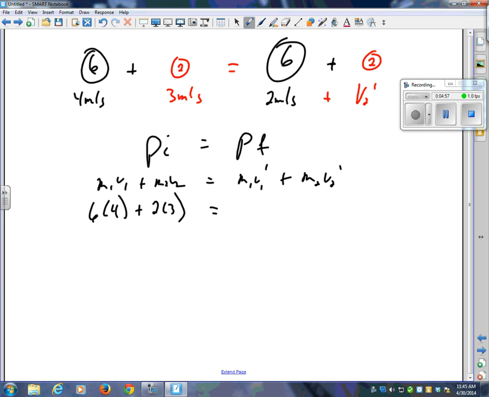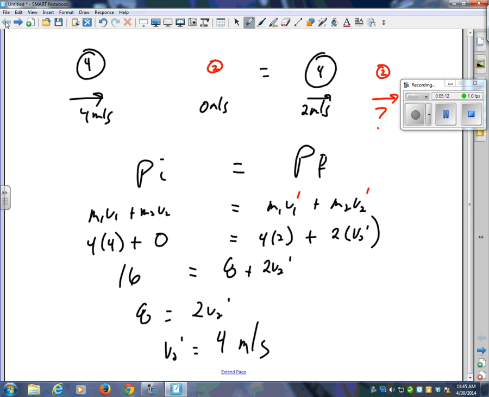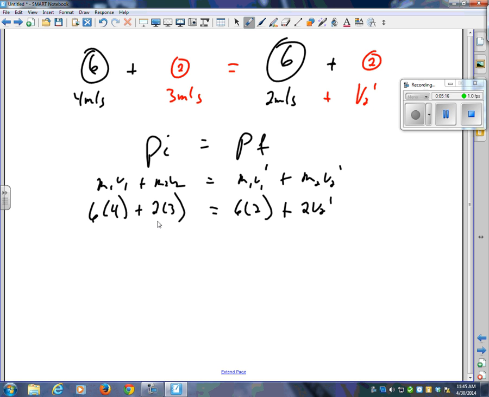On the right, M1 V1 is going to be 6 times 2, and here it's going to be 2 times V2 prime. What's the difference between this one and the other one? There's nothing. The only difference is that instead of a 0 there, I got 6. 24 plus 6 is equal to 12 plus 2 V2 prime.